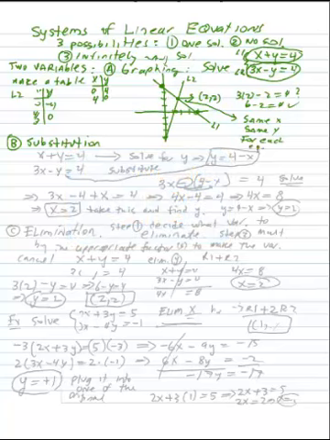So that means if we take our system, x plus y equals 4 and 3x minus y equals 4, and take that first equation and solve for y, we get y is 4 minus x. That value of y is going to solve the second equation.